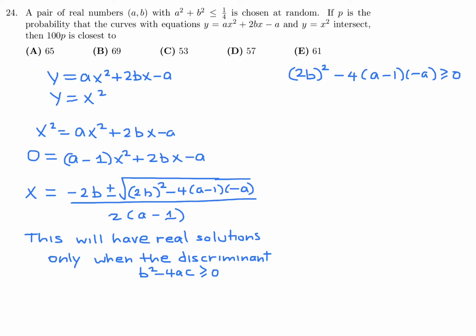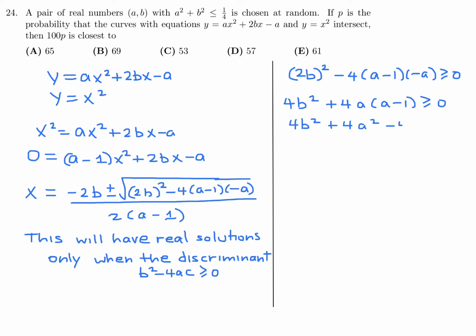So this is now what the question sort of boils down to, at least so far. So let's see what we get. So this is 4b squared plus 4a times a minus 1 greater than or equal to 0. 4b squared plus 4a squared minus 4a.